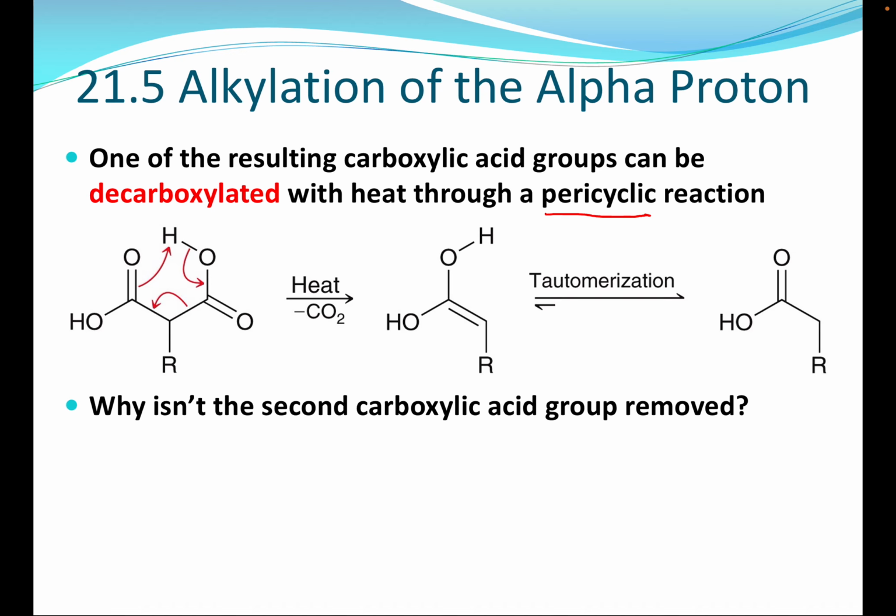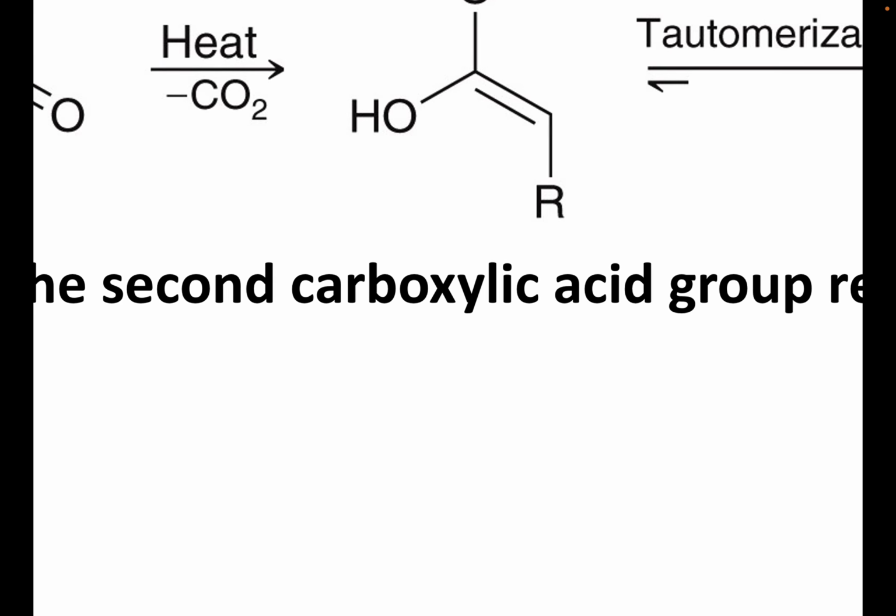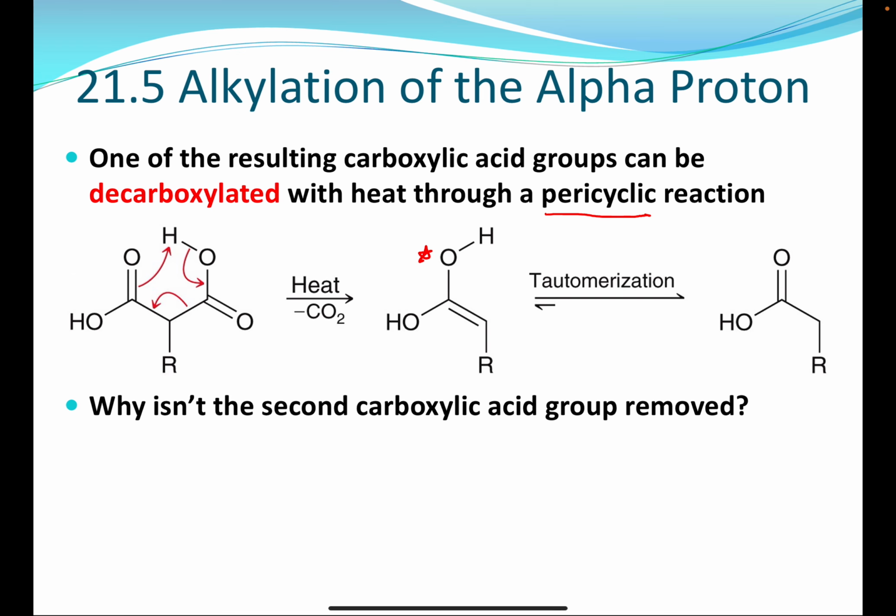We see the pi bond from the carbonyl attack that proton, and that's how we get our alcohol in the intermediate product. If we're doing that, then the electrons on the OH in the carboxylic acid that are holding the hydrogen onto the oxygen can go to create a double bond between the oxygen and the carboxylic acid.